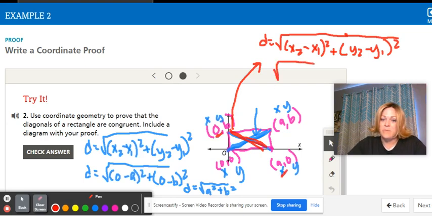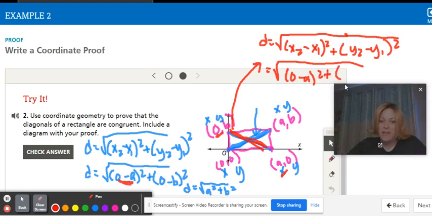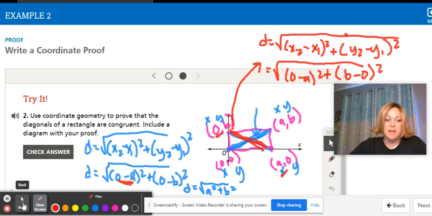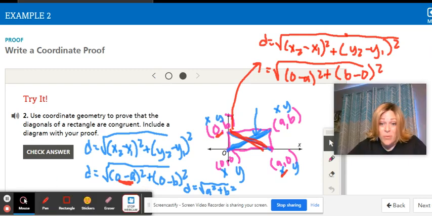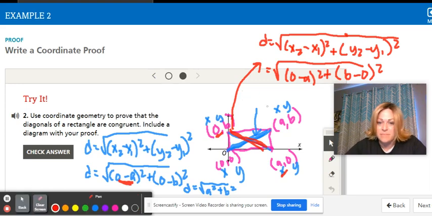So I have 0 minus a, squared, like I had down here, plus the y's: b minus 0, squared. It's a little bit different, but it's okay, because when I square them it's going to be the same. I'll end up with distance equals the square root of a squared plus b squared.